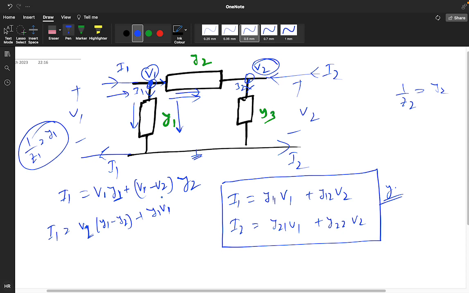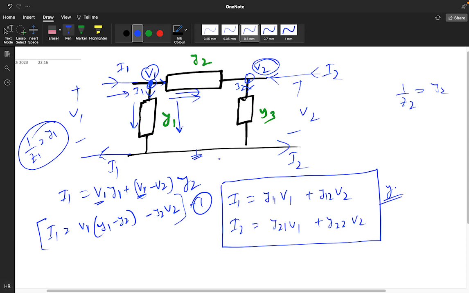Am I correct, or did I make a blunder here? Just check it. Yes, I'm sorry, I made a mistake. V1 is common, so you get (Y1 plus Y2) V1 minus Y2 V2. You are getting the equation of I1. This is equation 1.